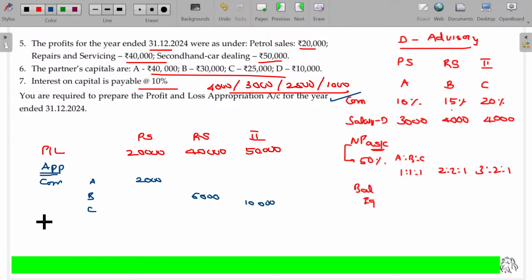And salary payable is for whom? For D. How much is that? Overall 11,000. That 11,000 is charged to these 3 departments.